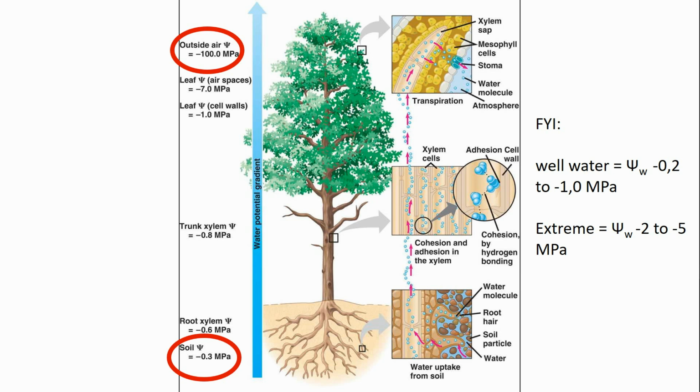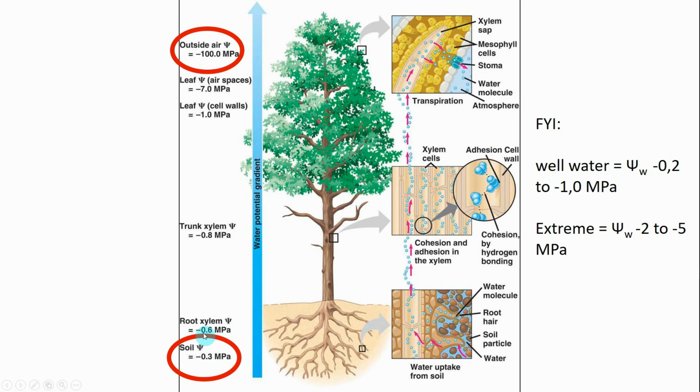It's a little bit more complicated than that, but perhaps you want to print this out, draw it, and stick it up along with your water potential equation, because you'll pass this module if you can explain what's happening in this picture. If you have a look here, you'll see the soil water potential is sitting at negative 0.3.